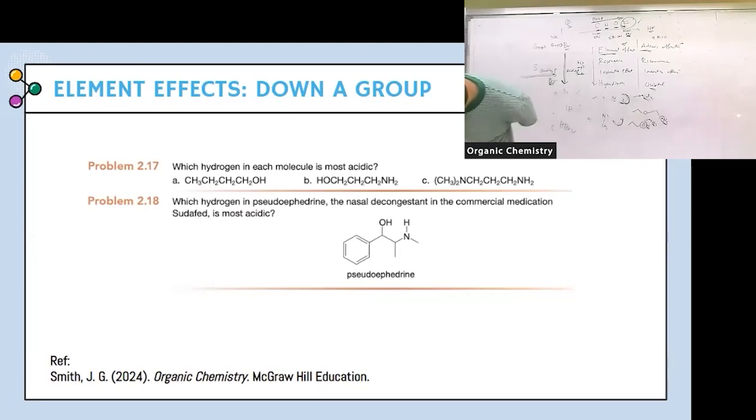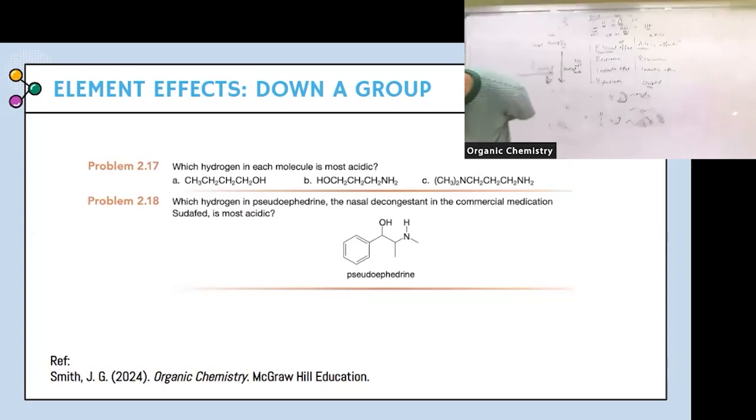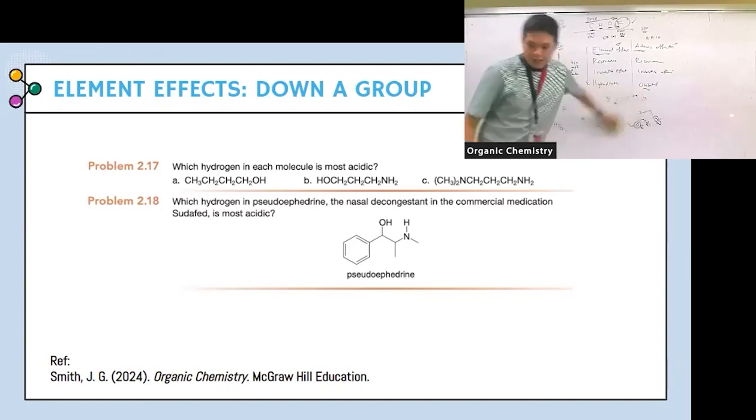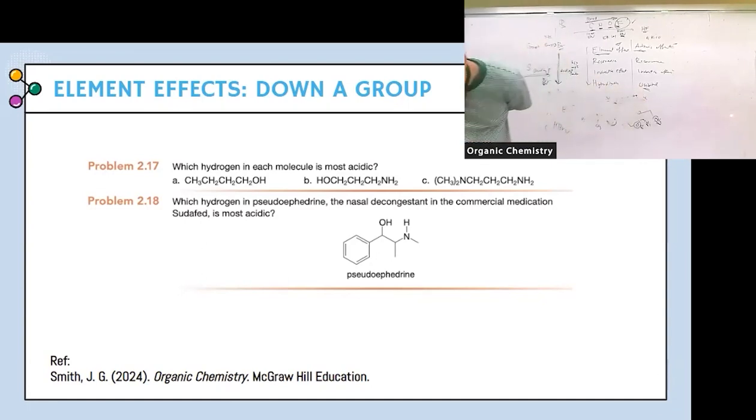Looking at the element effects. Could anyone guess? No, not necessarily. The answer is actually B. Bakit? Again, you look at the elements. In A, you have 1 O. In B, you have 1 O and 1 N. And in C, you have 2 N's.